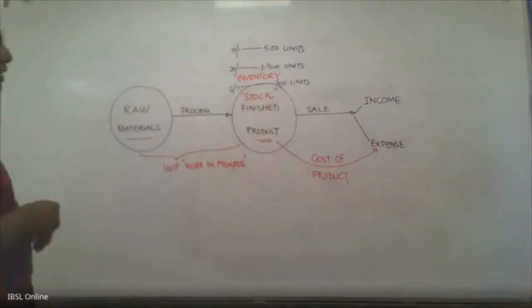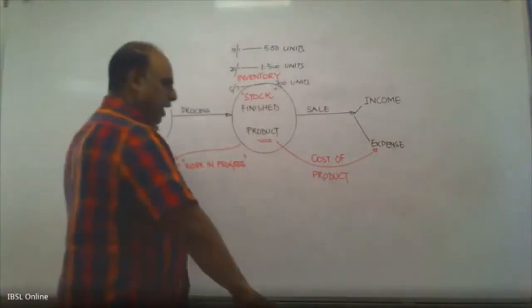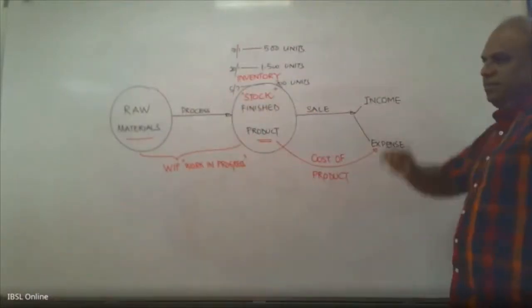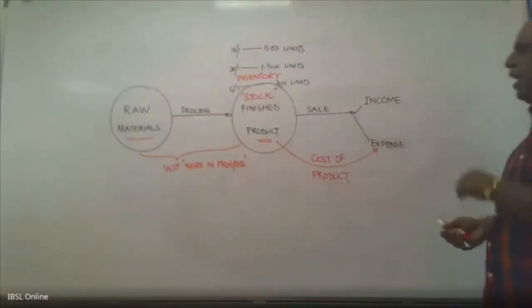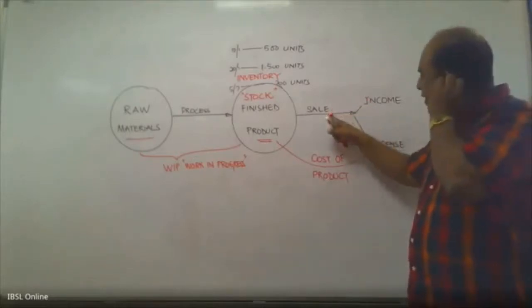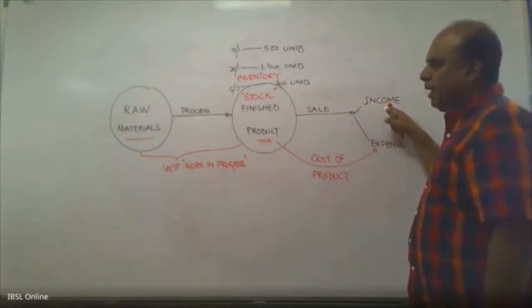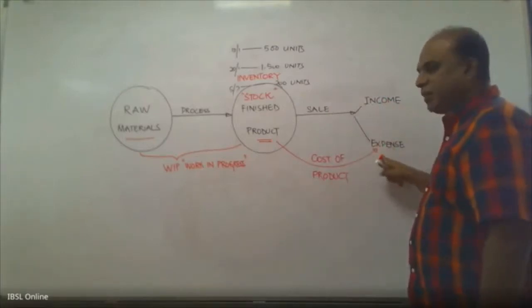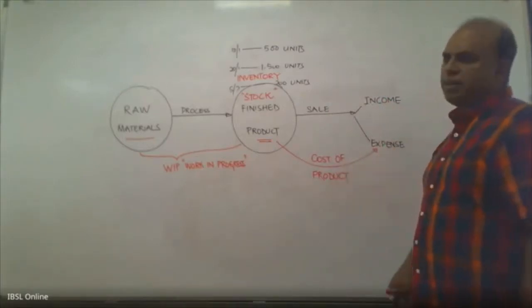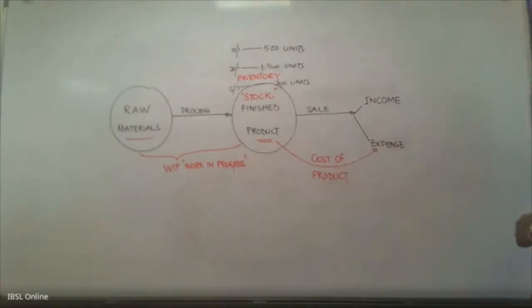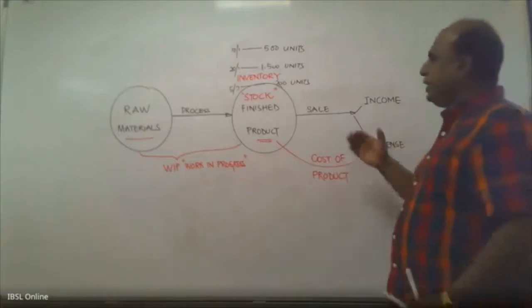Now the problem is, at the point of the sale, I will be recognizing an income. Parallelly, I have to recognize the expense, which is my cost of the product. So what happens?